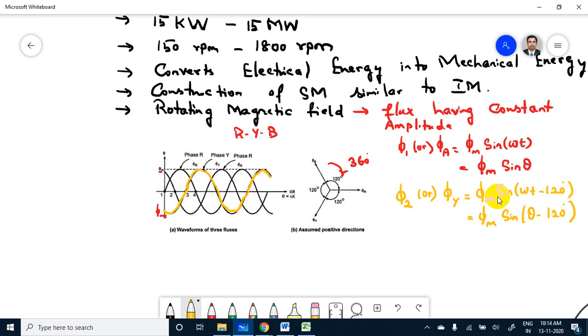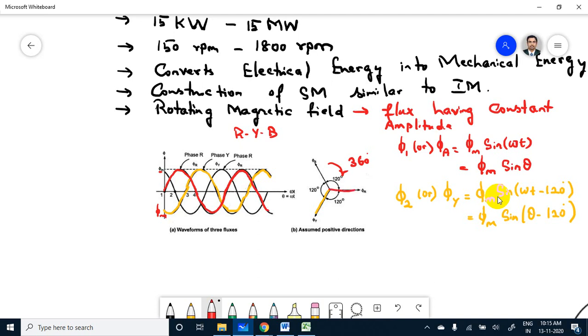Do you understand? The phase difference between phi r and phi y, where phi r means this waveform, is 120 degrees.